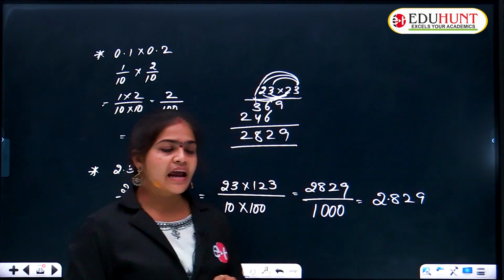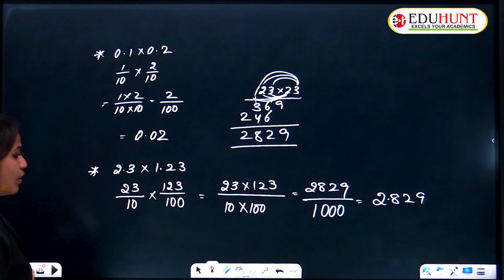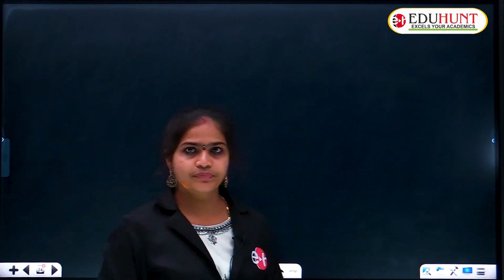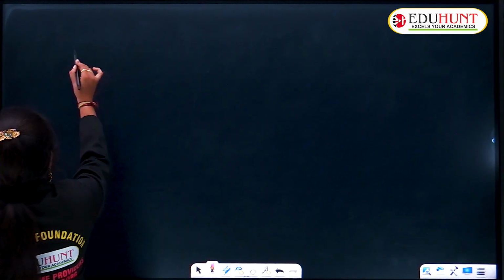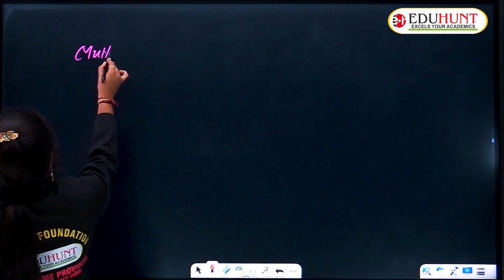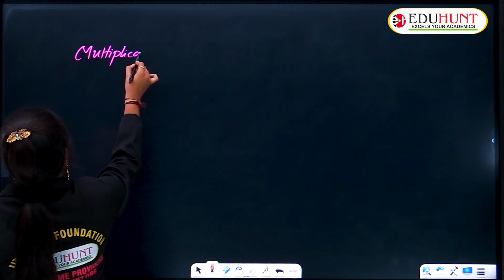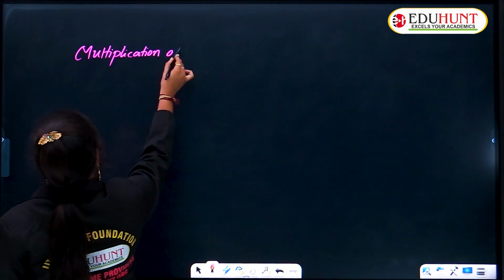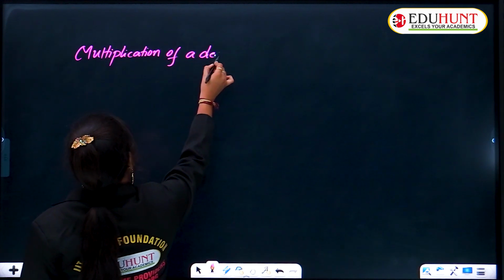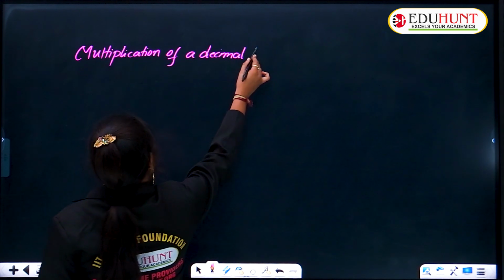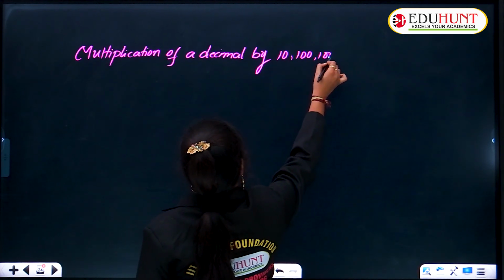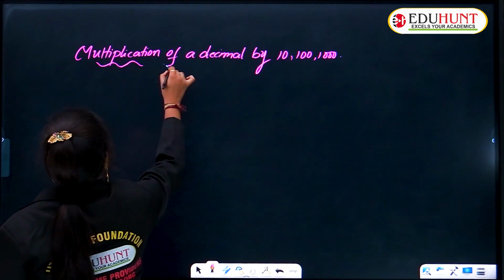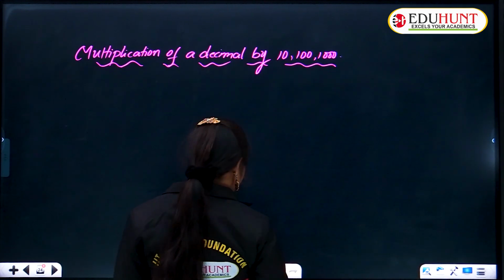Understood? Next we have the multiplication of a decimal by 10 or powers of 10. What is the next concept? Multiplication of a decimal by 10, 100, 1000. See how to take that multiplication.